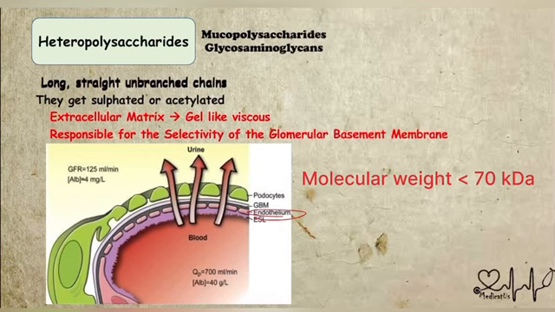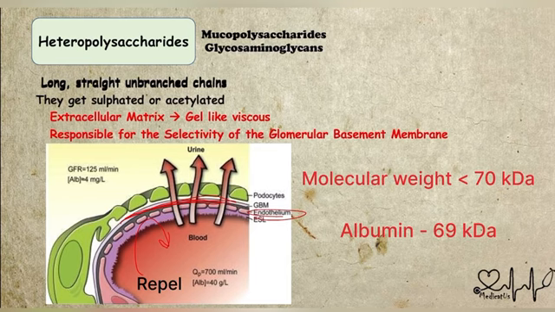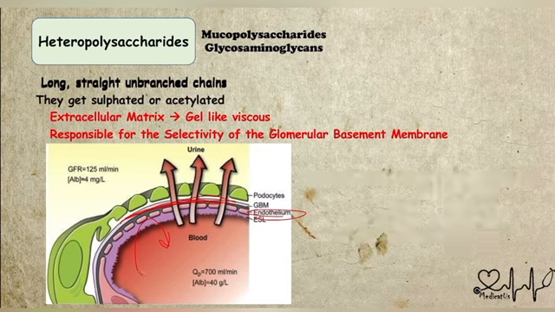Plasma proteins like albumin, which has a molecular weight less than 70 kilodalton, can pass through these pores. But we know that at physiological pH of 7.4, all the plasma proteins are negatively charged. So this negatively charged basement membrane will repel this albumin back into the circulation. And because of this phenomenon, albuminuria is not common.